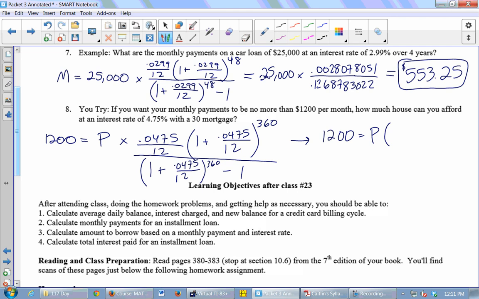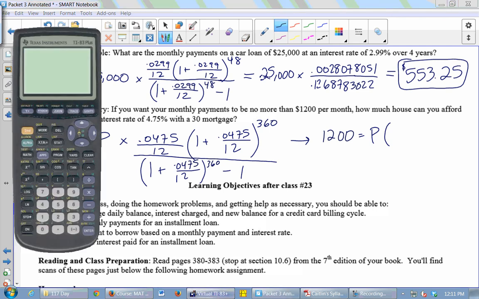Okay, so I'm going to simplify this giant mess, right? It should come out to just one number. So I'm going to get 1200 equals P times whatever this number is. So I'm going to do it all in my calculator. This will help avoid rounding issues and save me time having to write stuff down.